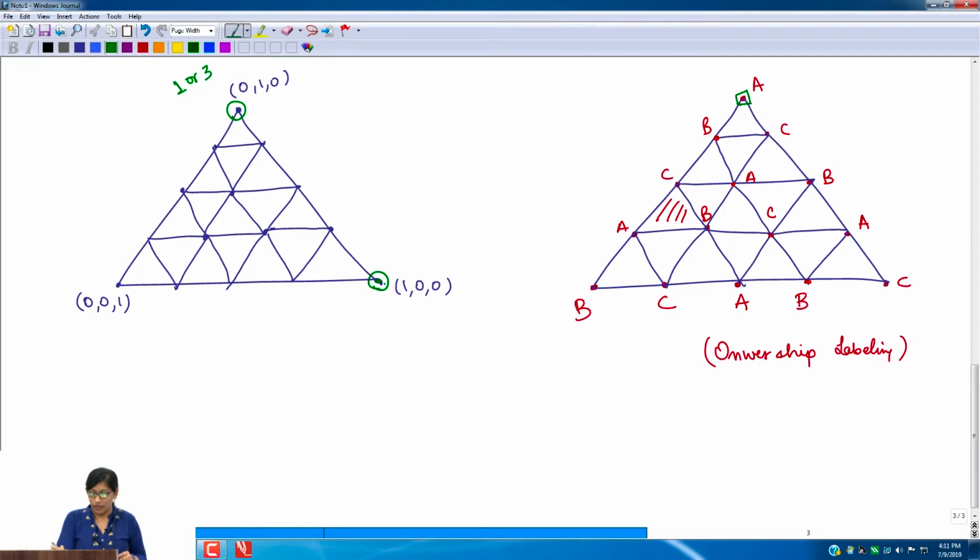Similarly, I go to this particular vertex, go to my ownership labeling, see who is the owner, it's agent C. I ask agent C the same question again, and what will be his answer? Yeah, second, he'll label it either 2 or 3. And similarly here it will be either 1 or 2. Can now someone tell me what will happen on this particular edge?